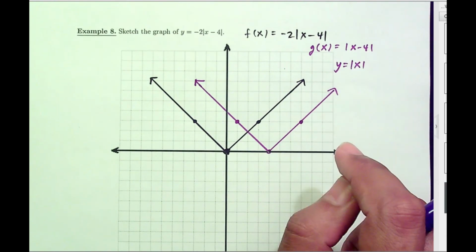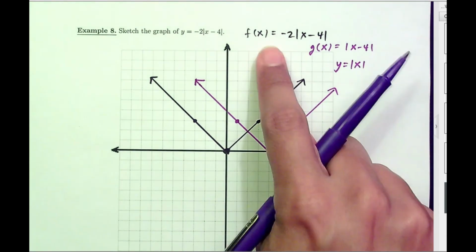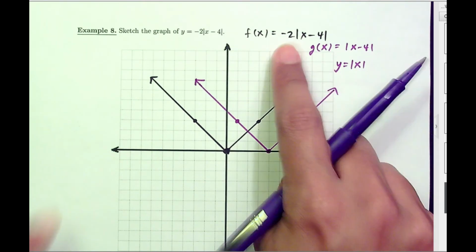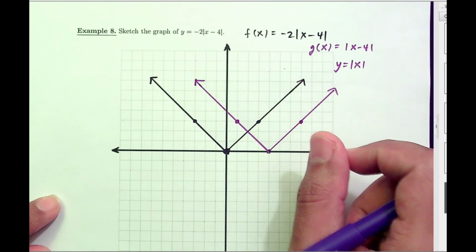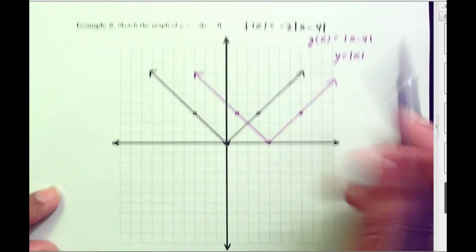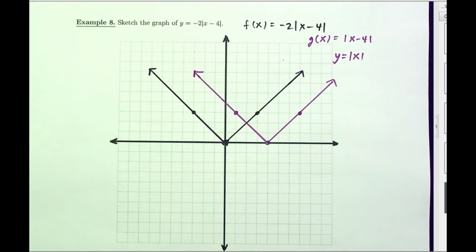Okay, now I'm going to apply the outside, and that means the y coordinate now gets multiplied by -2. So now let's do that one. Again, you could do these two steps at once if you want to.